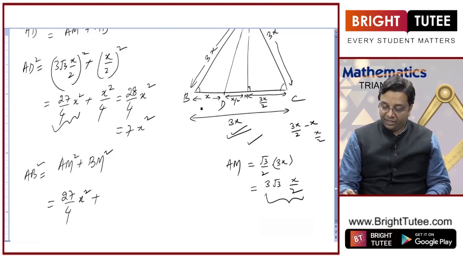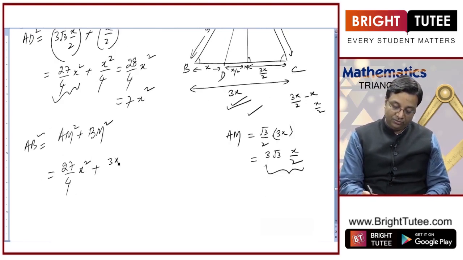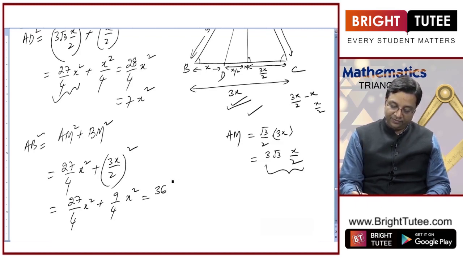What is BM? BM is half of BC, hence it is equal to 3x by 2. So, square it. Now, it is 27 by 4 x square plus 9 by 4 x square. So, 36 by 4 x square, hence 9 x square.